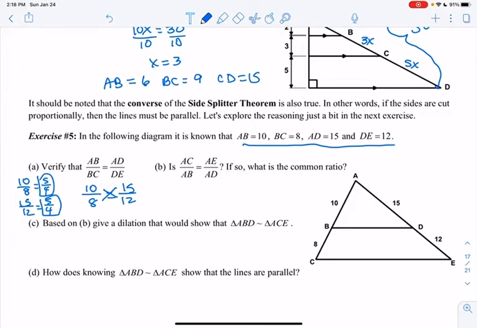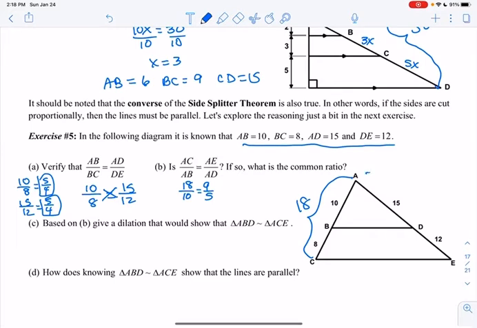Is AC over AB equal to AE over AD? Well, let's look. AC over AB is 18, because AC is the whole side right here, 18, over AB, which is 10. Let's reduce it. Those are both divisible by 2, so that's 9/5. And then let's try AE over AD.